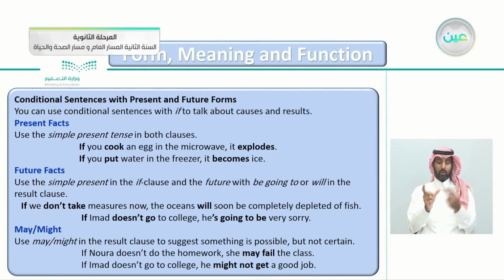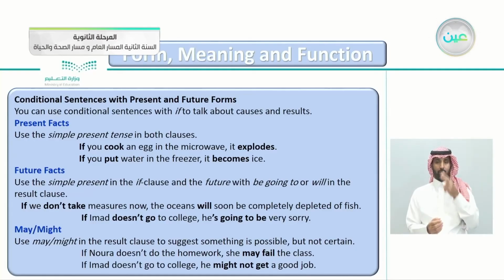What about if we talk about future facts? We use the simple present in the if clause and the future with be going to or will in the result clause. Again, if we're talking about what will happen in the future, we use the simple present in the if clause, and the future with be going to or will in the result clause.